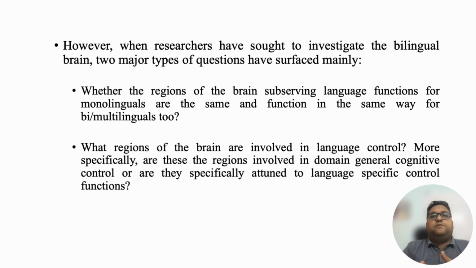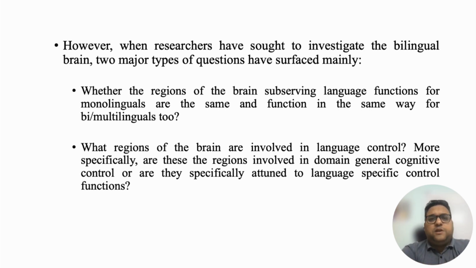Even within that, you have seen that there are phenomena like lexical selection, competition between members of the same language and so on, which actually get multiplied when we are talking about a bilingual or a multilingual. So are the brain regions that are responsible for conceptualization, formulation and articulation, or for comprehension in monolinguals, the same structures that are responsible for bi and multilinguals as well?